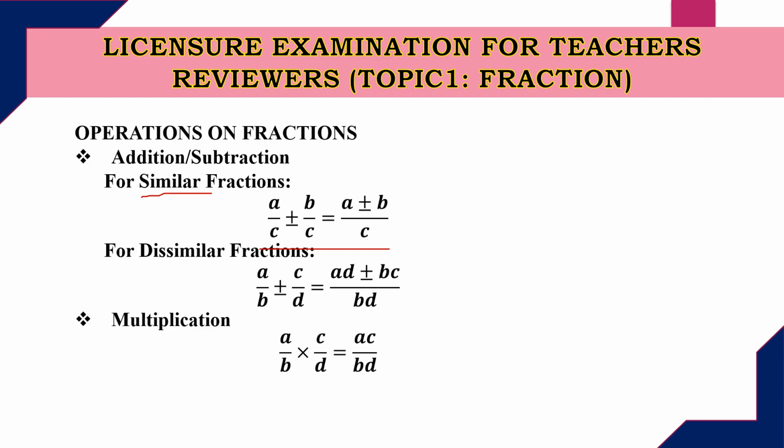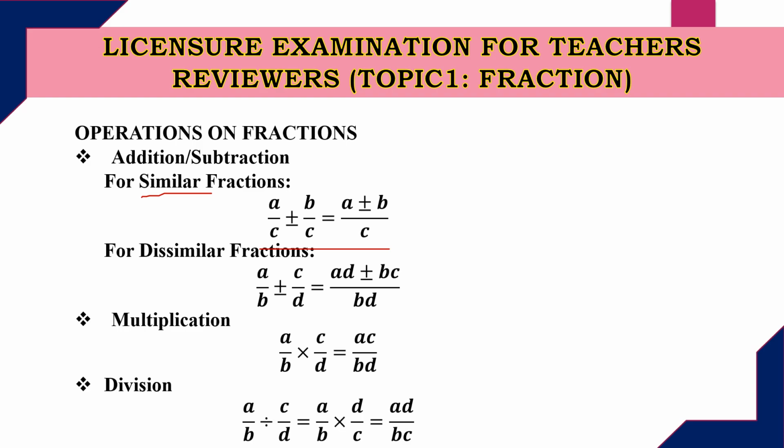And in multiplication of fractions, if we have A over B times C over D, we just multiply the numerators and also multiply the denominators. So we have A times C all over B times D.